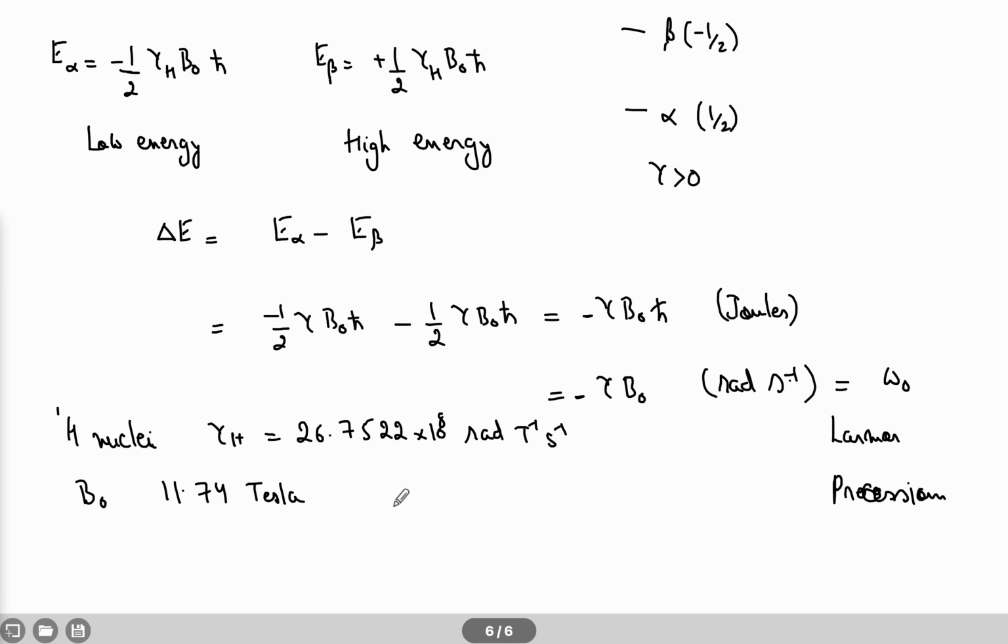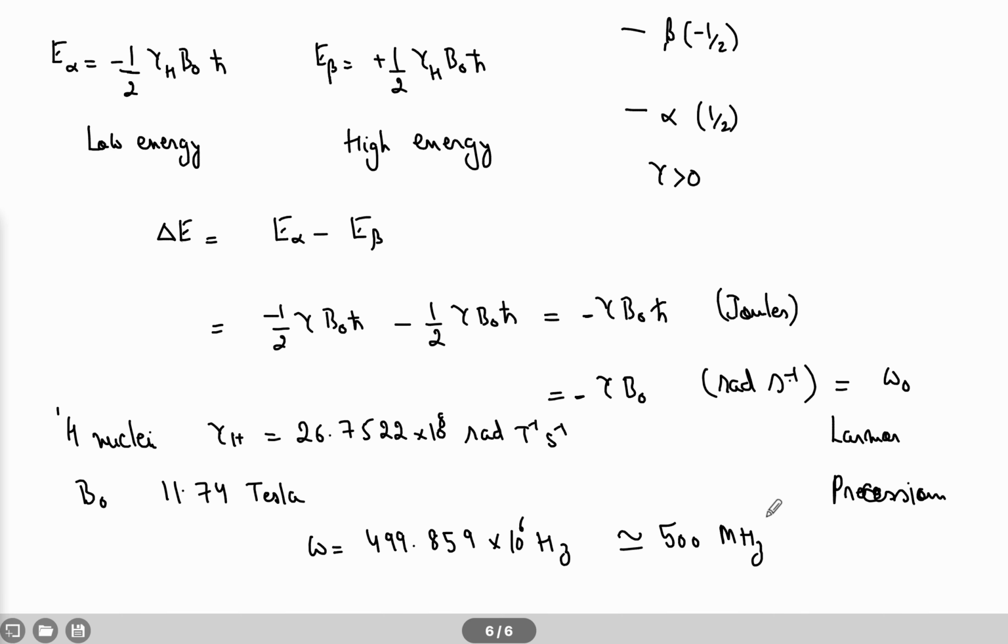Now at these values, if you calculate omega 0, you can easily calculate, just take the product, and omega 0 comes out to be 499.859 times 10 to the power 6 hertz, or you can approximately call it 500 megahertz.